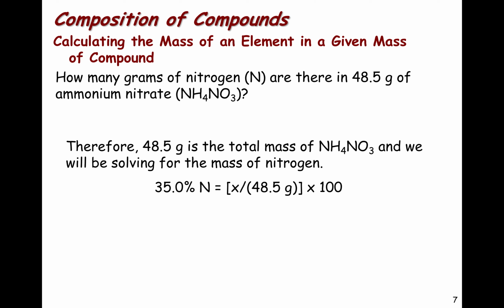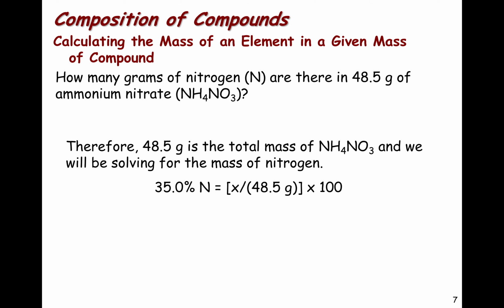As an example of how to use the percentage to figure out the mass of a particular element in a compound, if we have the question, how many grams of nitrogen are there in 48.5 grams of ammonium nitrate, we're going to initially start out using the percentage that we calculated previously for nitrogen, which was 35%.